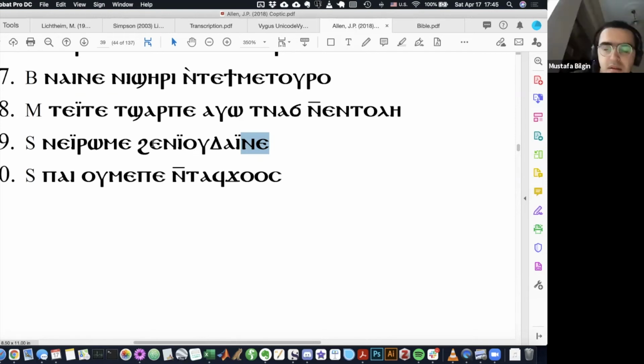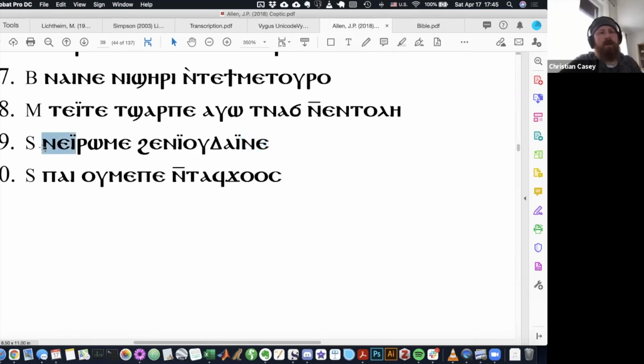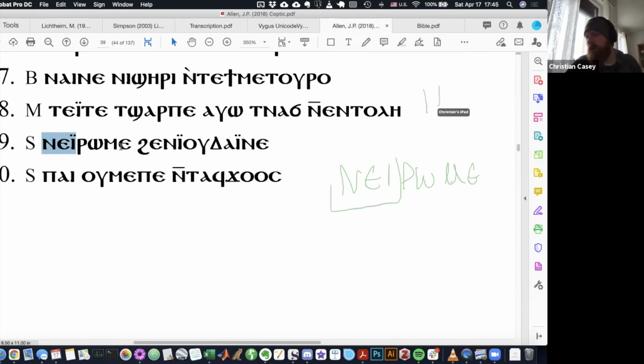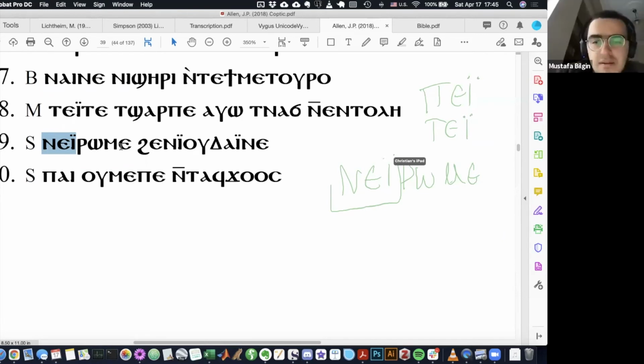And then Lambdin writes nay without the dots, so he actually writes ne Rome, but you're supposed to just know in the case of these three words, pe, te, ne, that it's really like this. Of course.